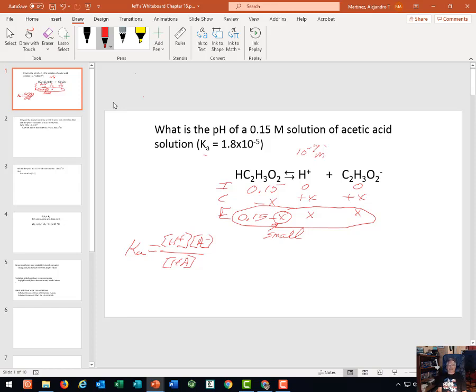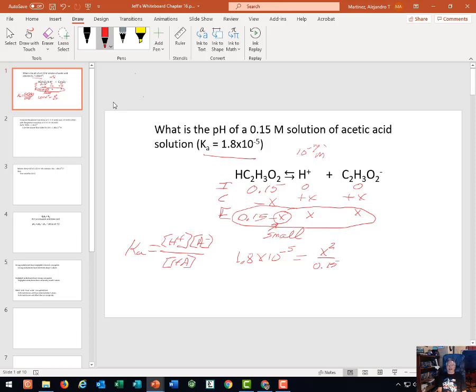Our Ka, which is given in the problem, is 1.8 times 10 to the minus 5, equal to x times x, which is just x squared, divided by 0.15 molar.